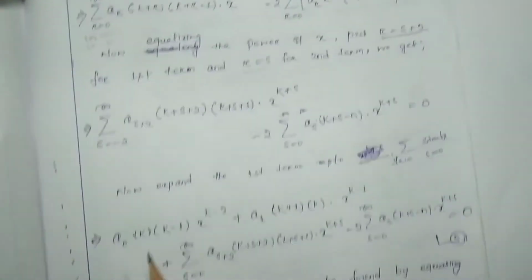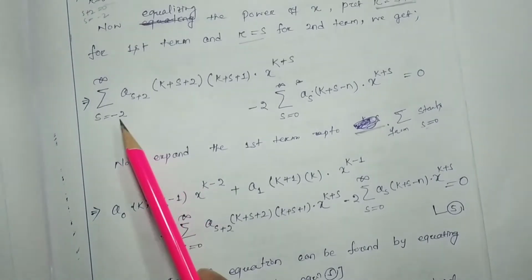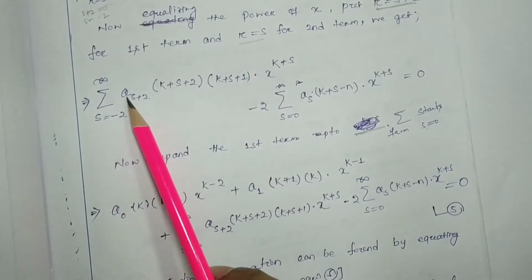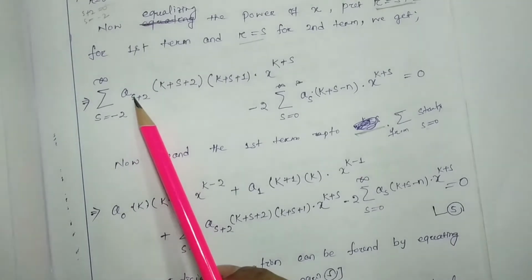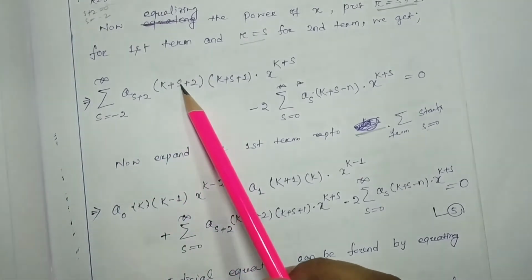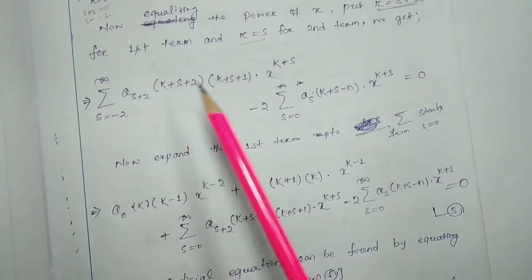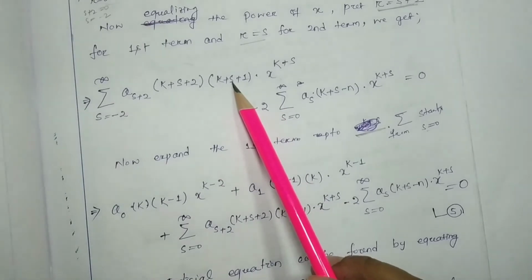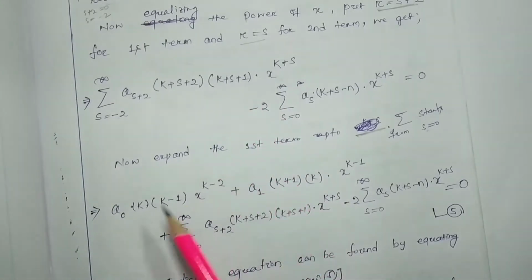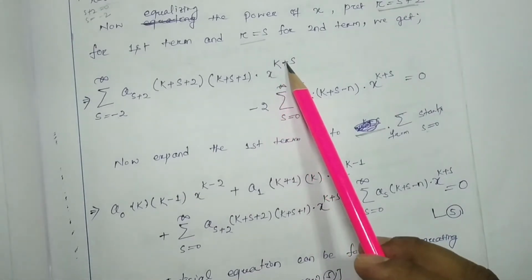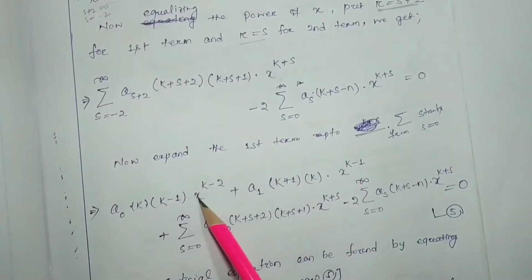First we have to expand s equal to minus 2. So s equal to minus 2 means this will be a0, and minus 2 plus 2 will be 0, so it will be only k minus 1, x to the power k minus 2.